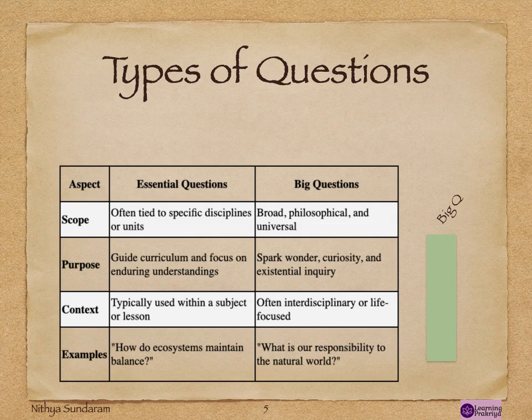How do ecosystems maintain balance is the essential question. So if you notice, it is in the purview of specific subjects. Whereas what responsibility do we have to the natural world, our responsibility to the natural world, that is the big question. So it goes beyond the purview of the discipline.